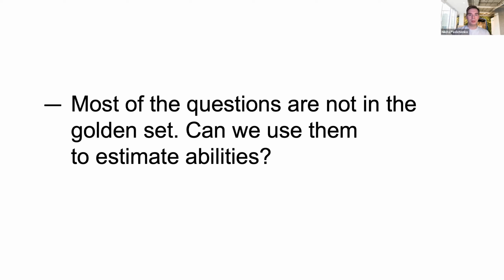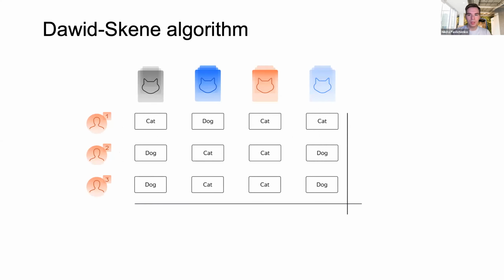And it could be done with some advanced methods, such as the Dawid-Skene algorithm. This is a very old method proposed by Dawid and Skene in 1979, and it works like that.